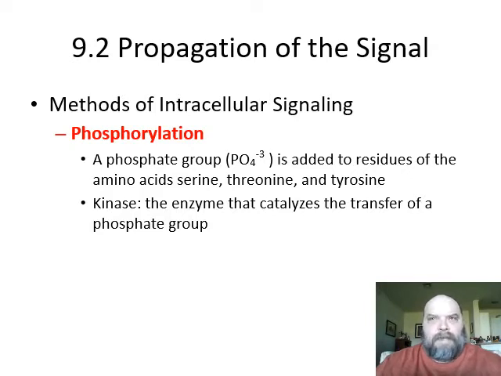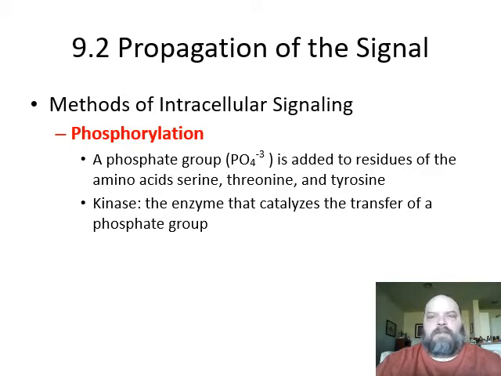This phosphorylation is literally the taking of the third phosphate off of an ATP molecule and attaching it to the target enzyme, the target protein. By adding the phosphate group to specific amino acids, they refer to them as residues, because it's not just any amino acid.